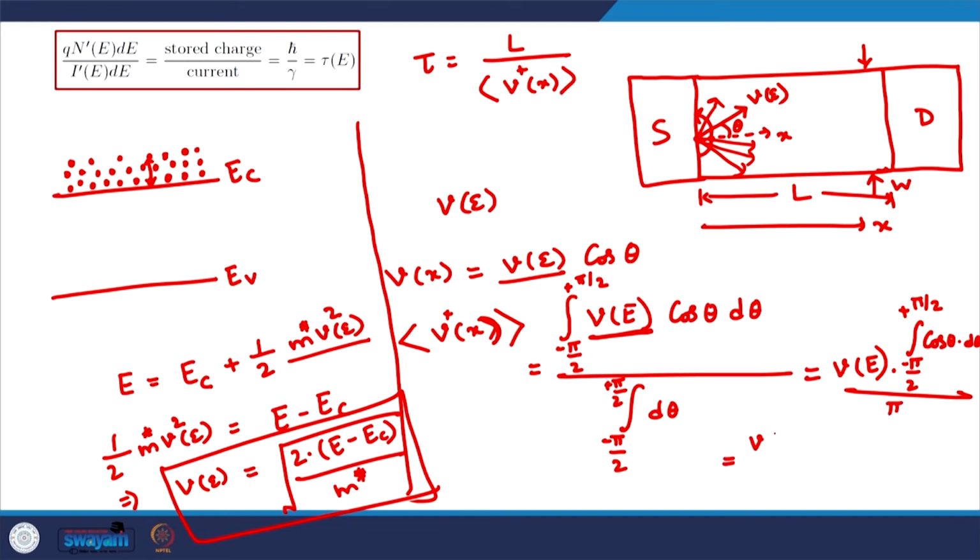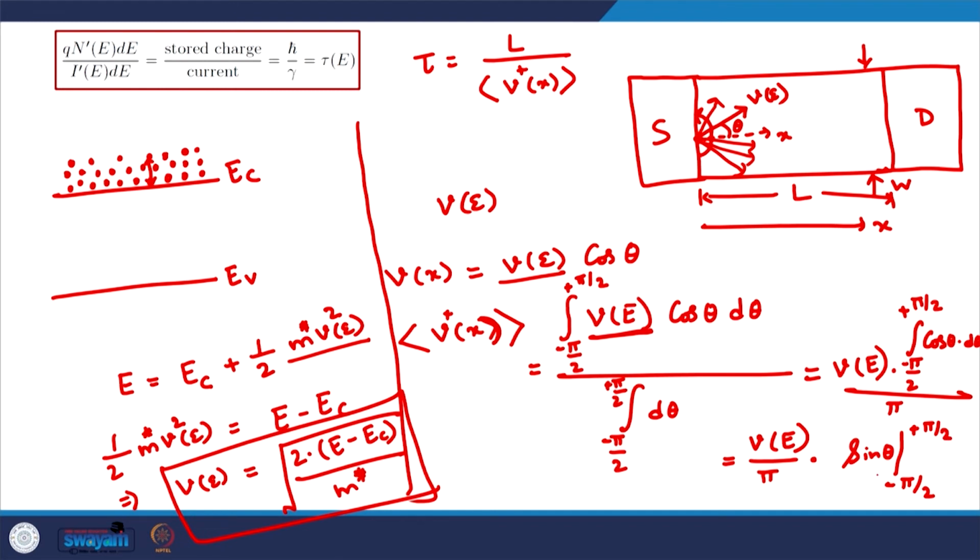So, it will be VE by pi times the integral of cos theta, which is sin theta, with limits from minus pi by 2 to plus pi by 2.